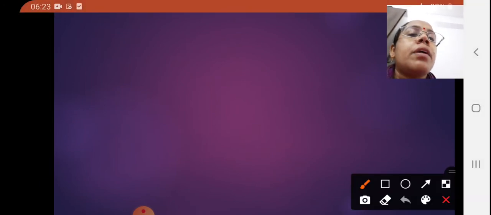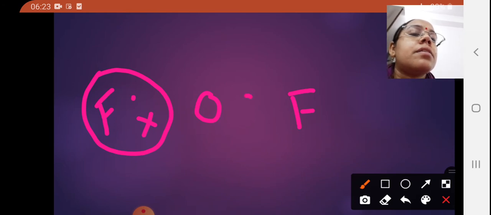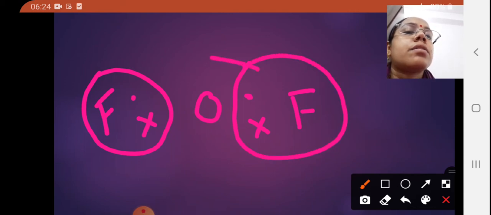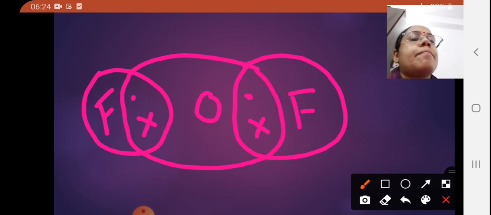Now let us see what happens in OF2. This O and both the F share one electron each. This is the electron of oxygen, this is of fluorine, it becomes stable, and the oxygen becomes stable like this.